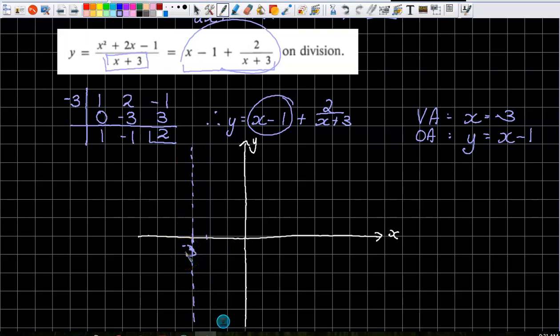One, two, three. Okay. You've got -1 as your y-intercept. You've got 1 as your x-intercept, so 1, 1, 1.